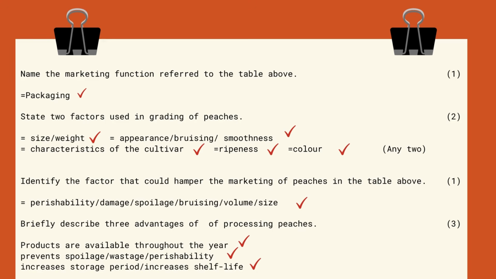It has a certain criteria that is used. So immediately that tells you, because you are not moving products from a farmer to the market, it's not transport. And also you are not changing these peaches into another product, so that is not processing, right? And also, you are not storing them in a warehouse or a cold room. So the only remaining main function there is packaging, right?